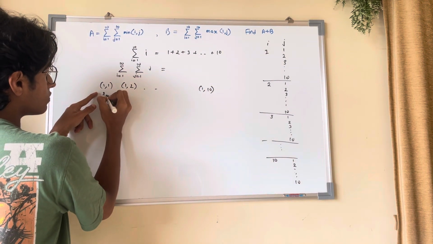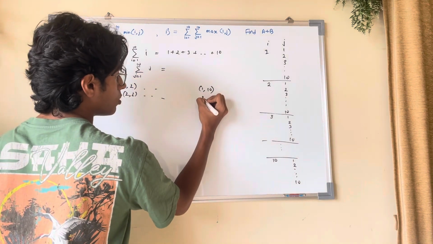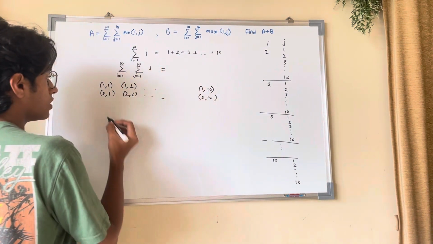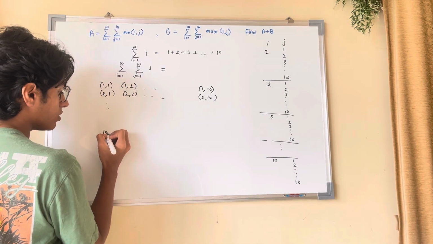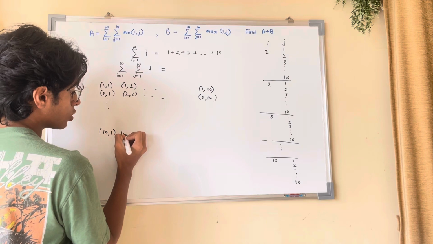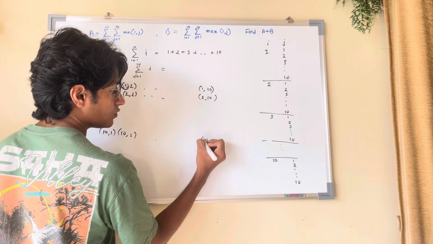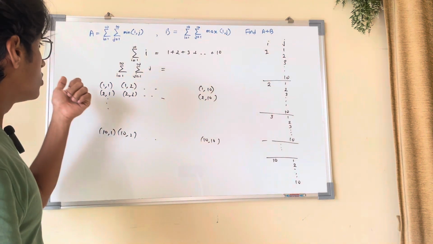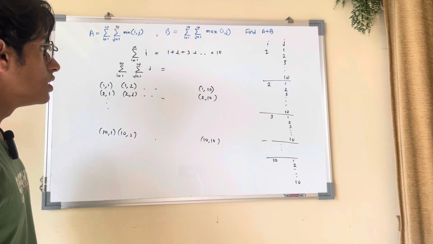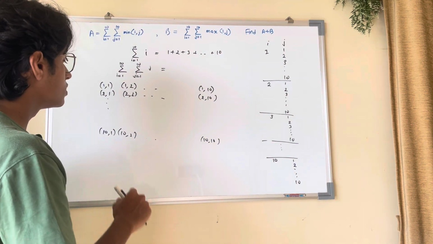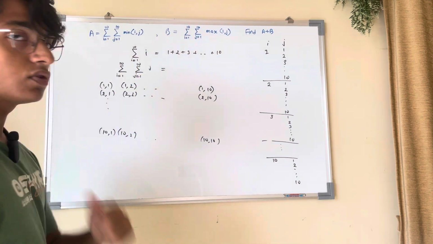The next will be 2 comma 1, 2 comma 2, till 2 comma 10. The vertical column will go on till 10 comma 1, 10 comma 2 and this goes on till 10 comma 10. So the first ordered pair will be 1 comma 1 and the last will be 10 comma 10. Now let me clear this and write all the ordered pairs to find the values of A and B.